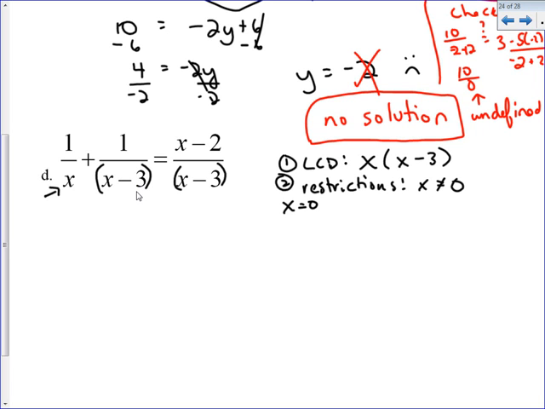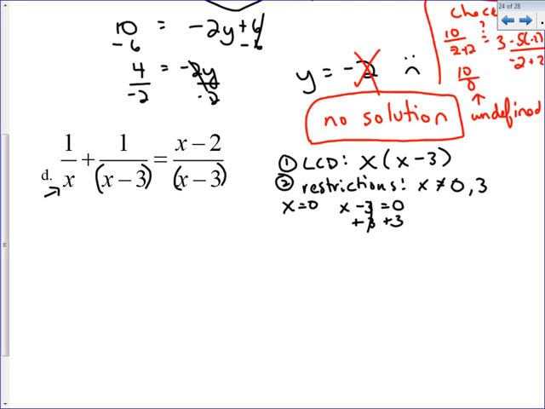There's a different restriction for x minus 3. So think about what minus 3 gives me 0? 3. The other way you can get that answer is you take your denominator, set it equal to 0, and when you solve that, you get your restriction, positive 3.